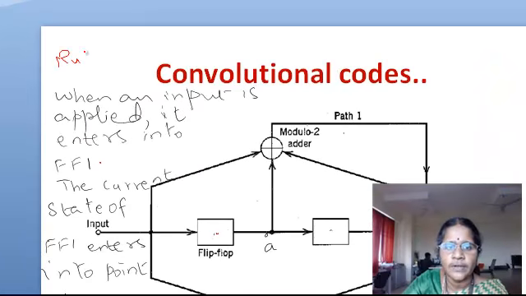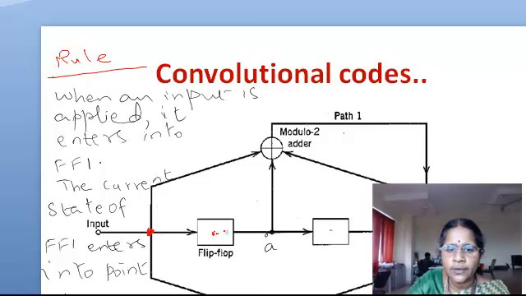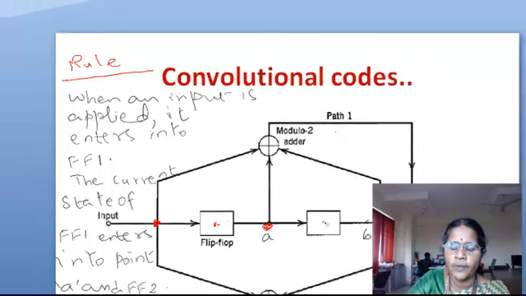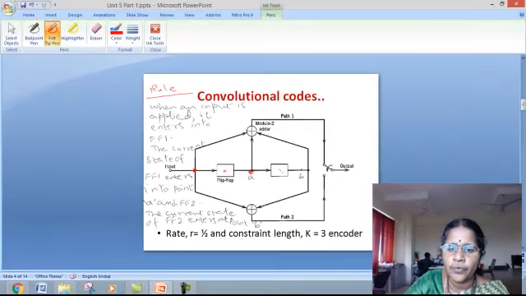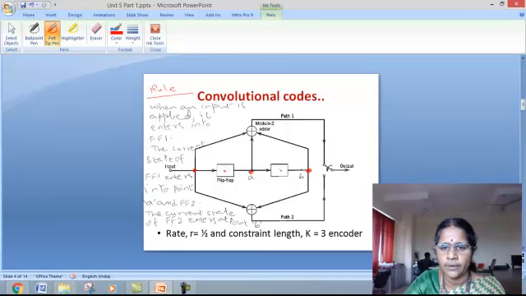This is a rule which we have to follow carefully. When an input is applied at this point, it enters into flip-flop 1. The current state of flip-flop 1 enters into point A and to flip-flop 2. And then the current state of flip-flop 2 will be now available at point B. This is a rule which we have to follow carefully in order to proceed further.